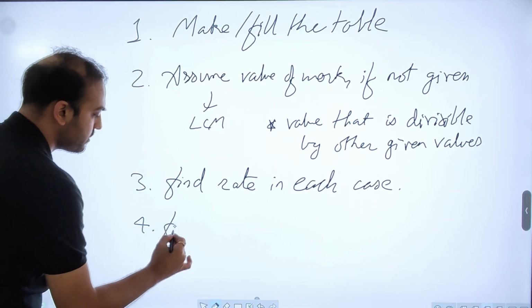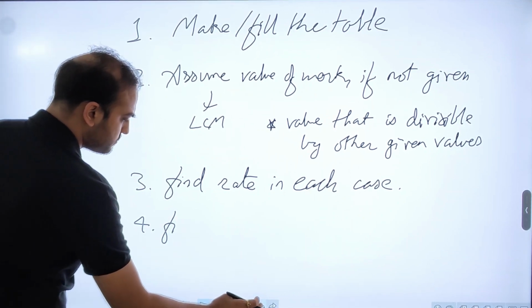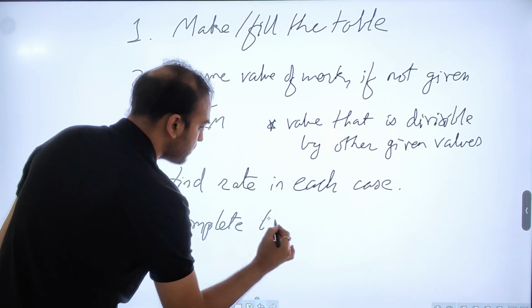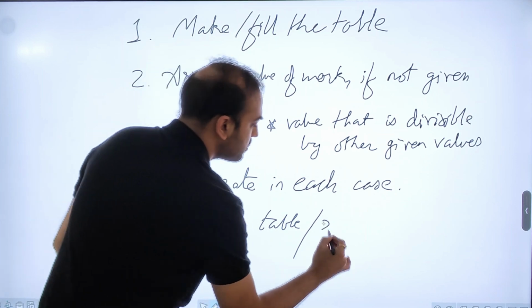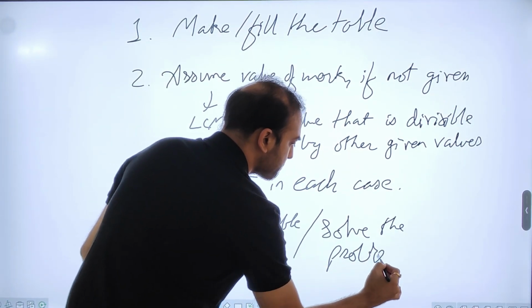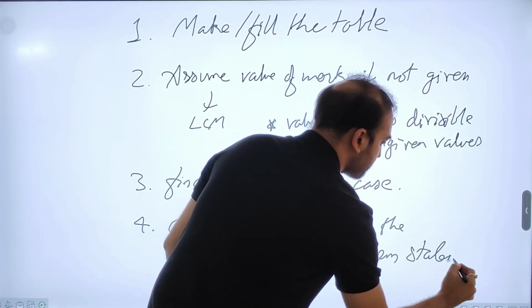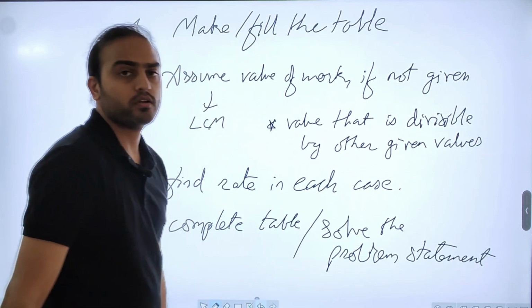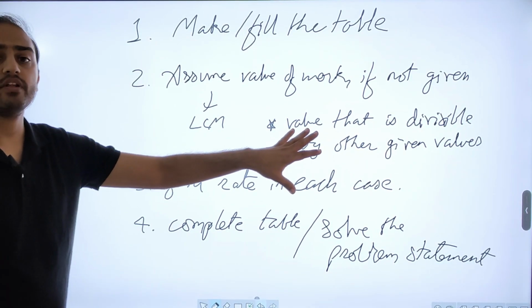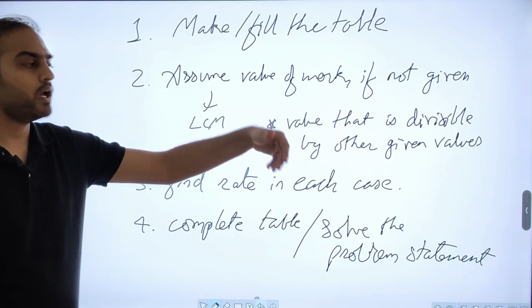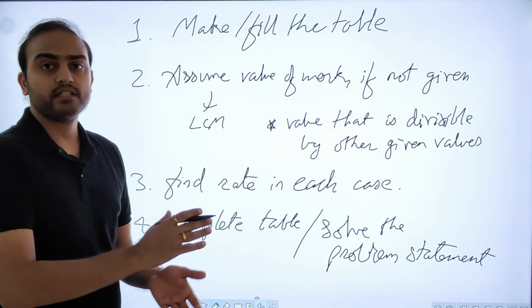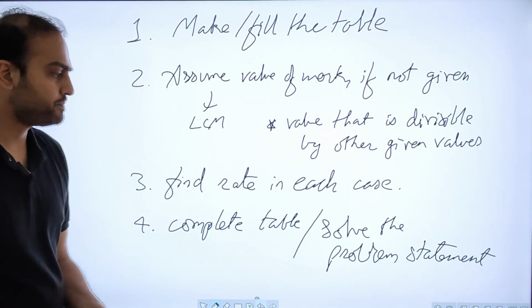Finally, complete the table, or solve the problem statement. You simply fill or complete the table. Whatever values are not given in your table, just solve them, complete them, and solve the problem statement. If you have understood this, then let's quickly jump to questions.